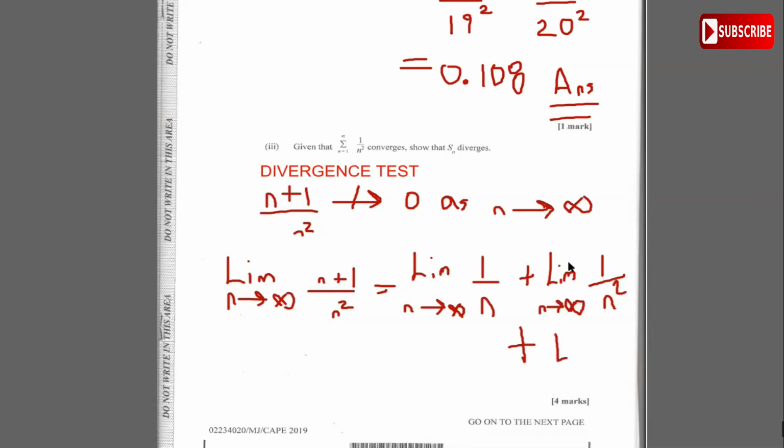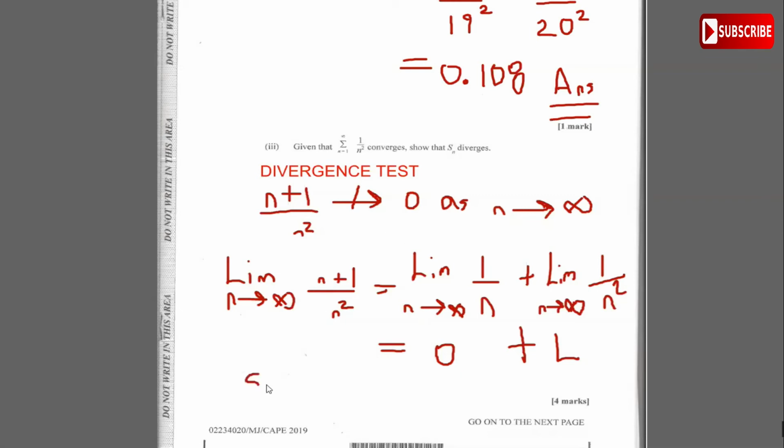This converges to a finite value L. And the limit of 1 over n, as you apply infinity, 1 over infinity is 0, right? But this converges to L. So since the limit of this is L, then this does not go to 0.